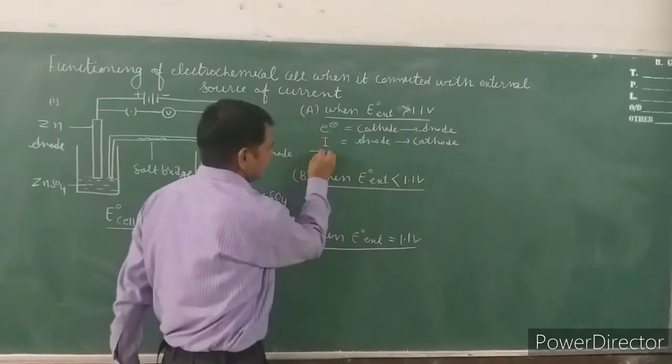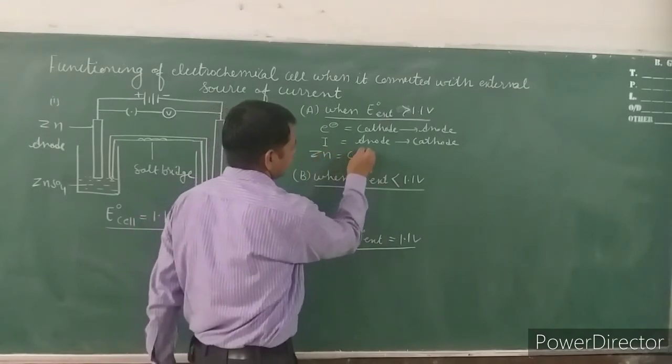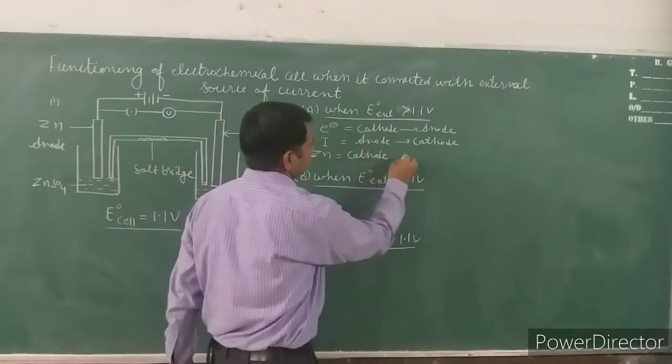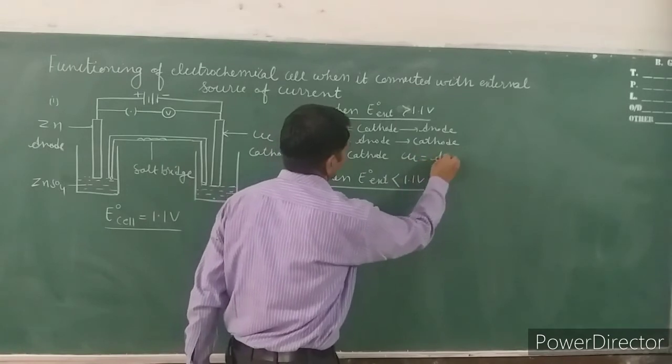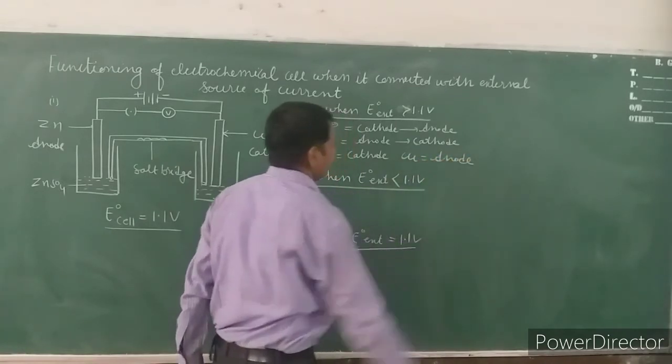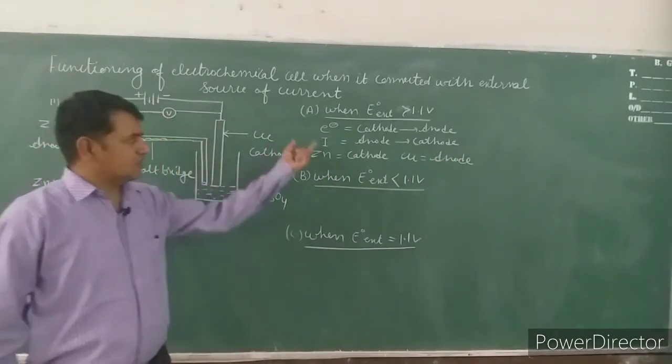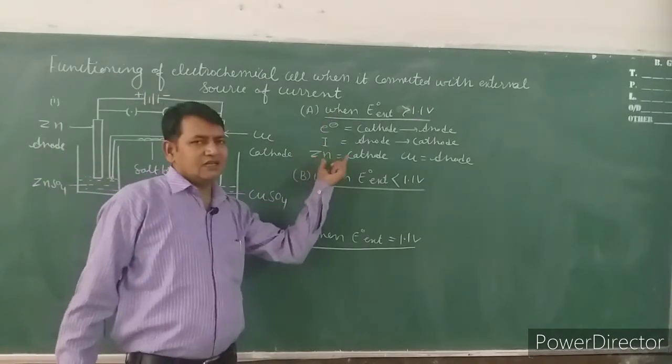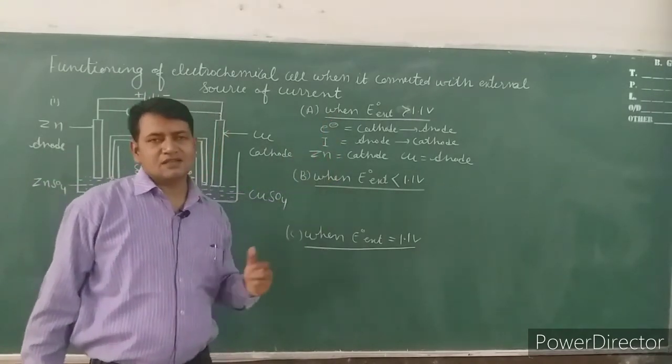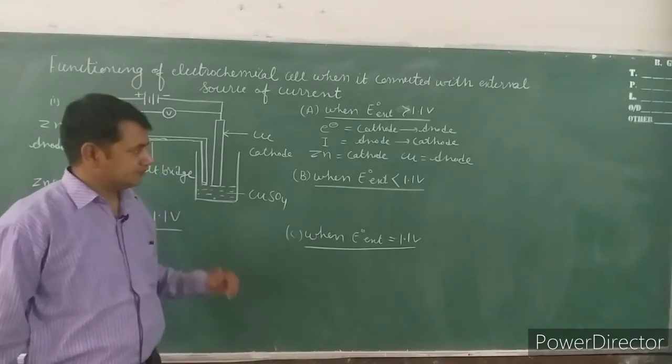And the zinc electrode will work as a cathode and the copper electrode will work as an anode. Ultimately we can say, in this condition, this Daniell cell, electrochemical cell, will work as an electrolytic cell.